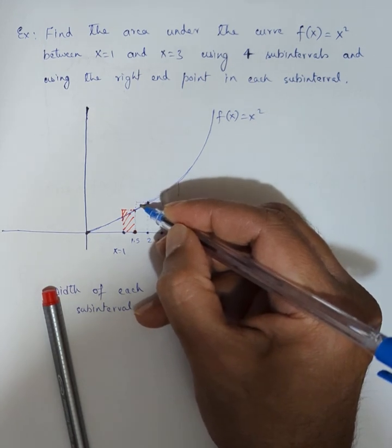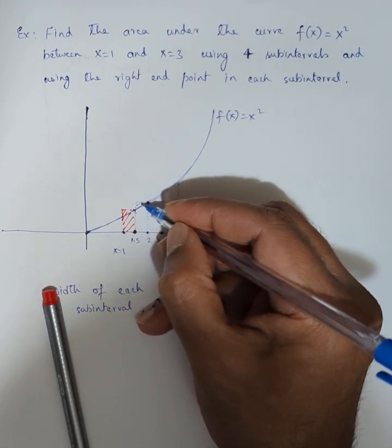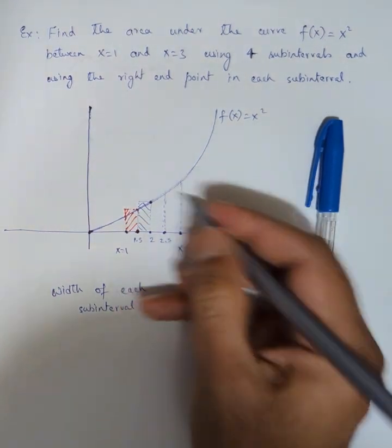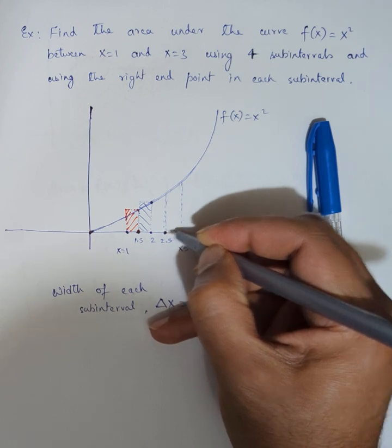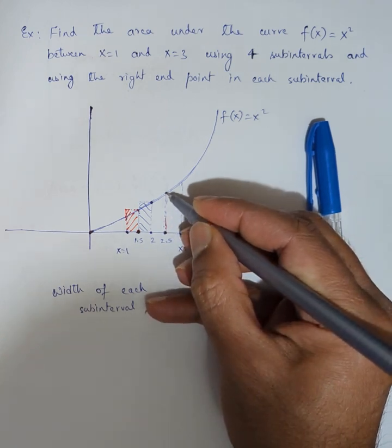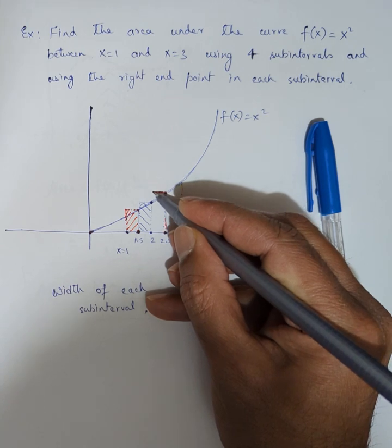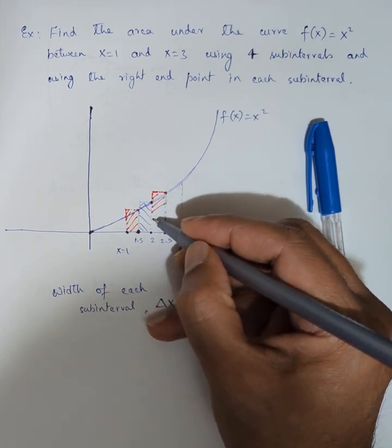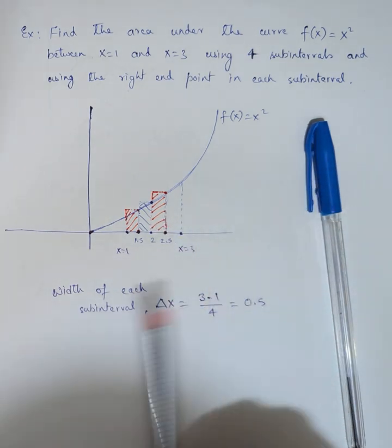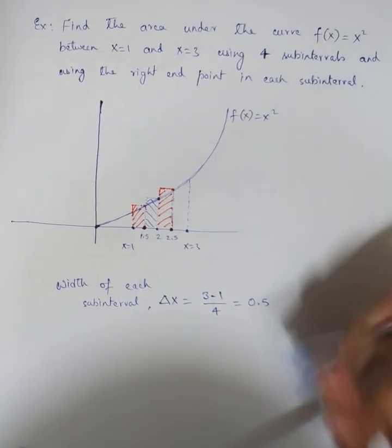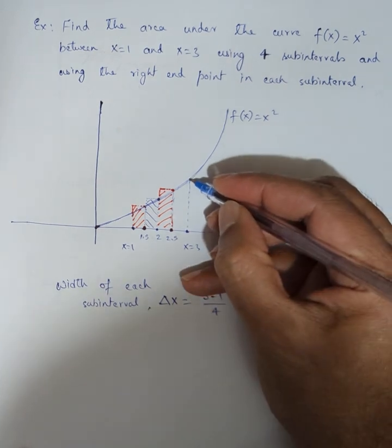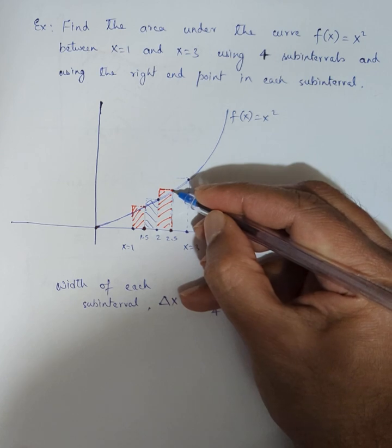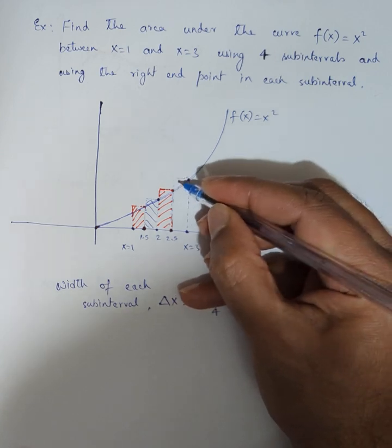So that's going to be the area. I'm going to alternate in blue and red. And then for the third subinterval, our representative point is 2.5. So that's the height of the third rectangle, which is going to be that. And finally, for the fourth subinterval, the representative point is here, which means the height is f of 3, which is that.